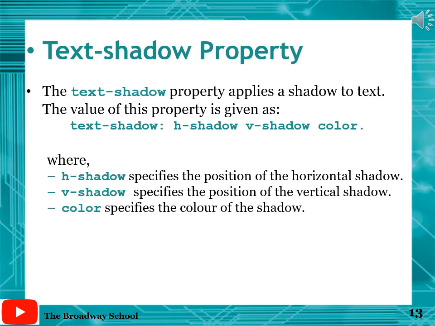Text shadow property. The text shadow property applies a shadow to text. The value of this property is given as text shadow, H shadow, V shadow, color, where H shadow specifies the position of the horizontal shadow, V shadow specifies the position of the vertical shadow, color specifies the color of the shadow.